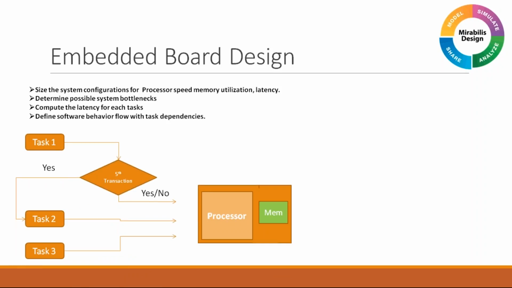So here's a very high-level block diagram of the proposed system architecture. In this case, I'm going to have 3 different tasks. Task 1 sequentially generates transactions or requests at a certain rate, and task 2 is dependent on task 1.